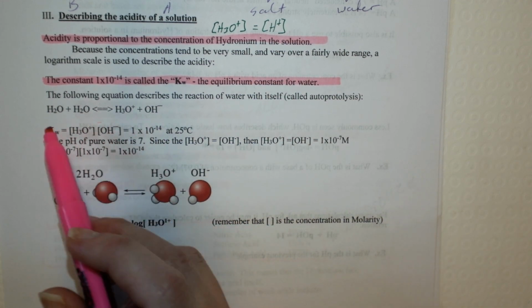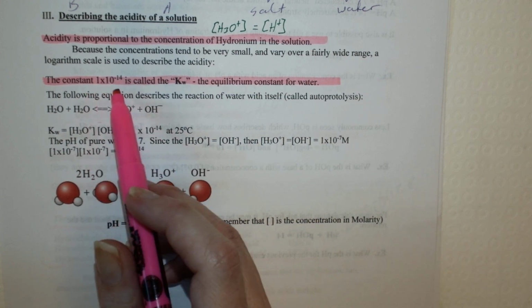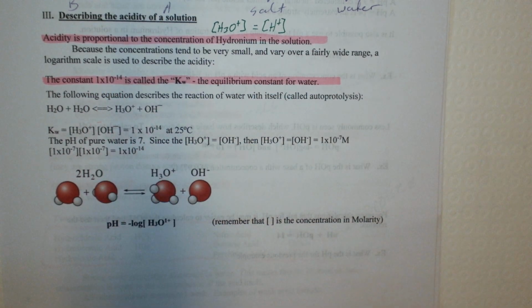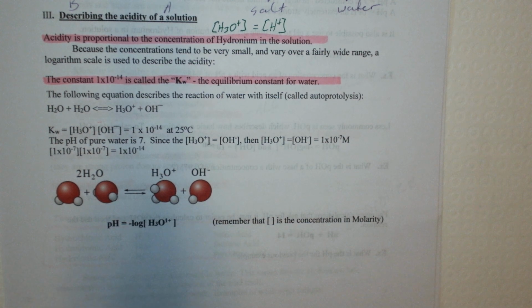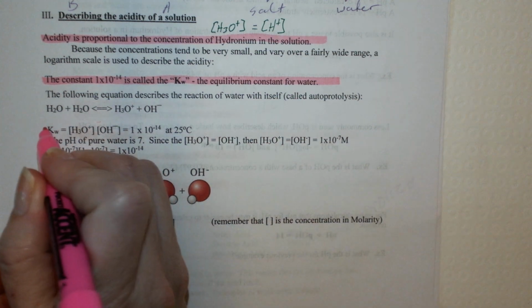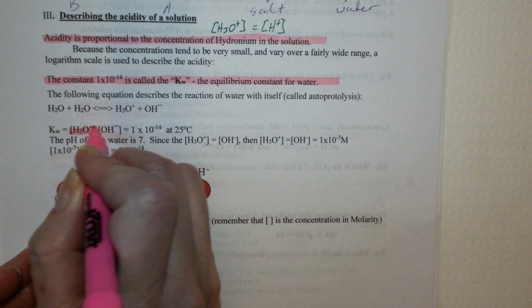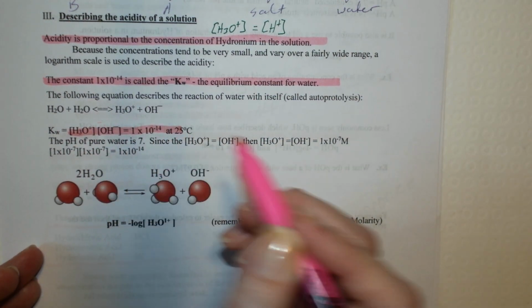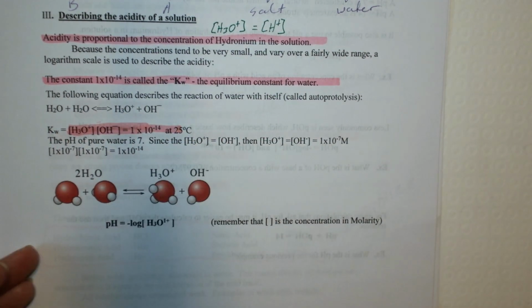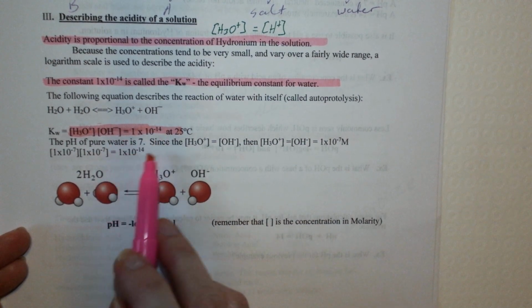Most of it stays as pure water, but portions of it, just that much, will dissociate or react in this case. All right, so we have an equation. The Kw, water's ionization constant, is equal to the hydronium times the hydroxide ion concentration. Okay, which is this. Hydronium times hydroxide equals that.